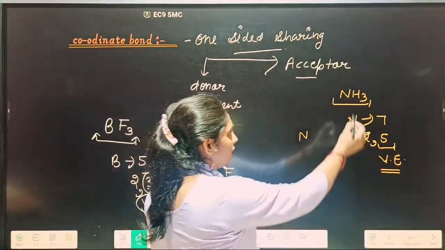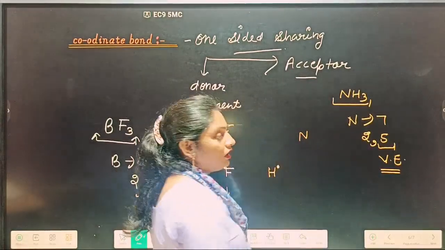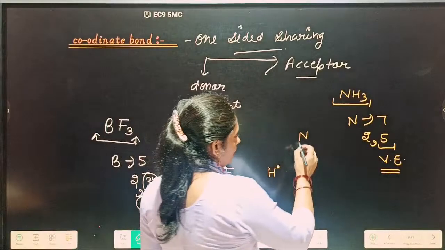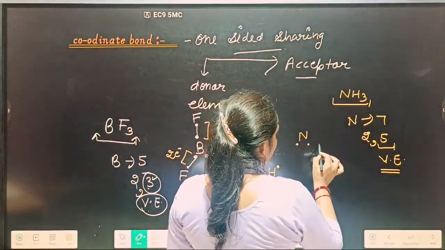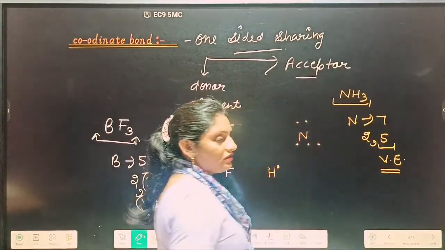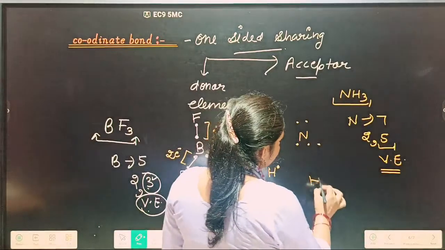But here you can see NH3. Hydrogen has 1 electron in its outermost shell, and nitrogen has 5 electrons: 1, 2, 3, 4, 5. So one hydrogen has 1 electron.